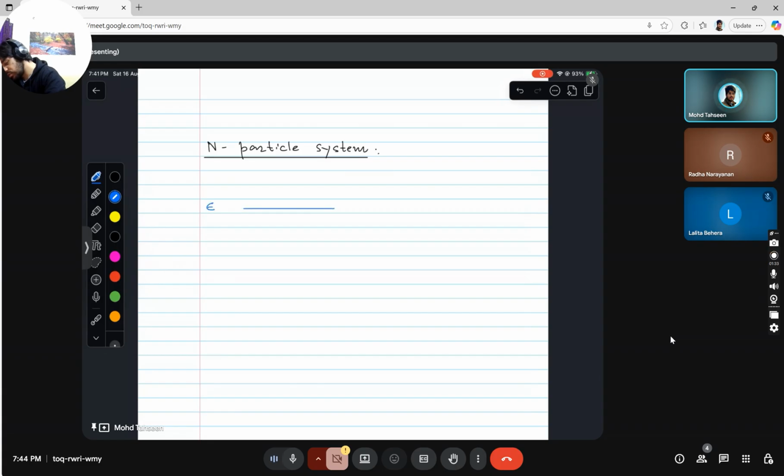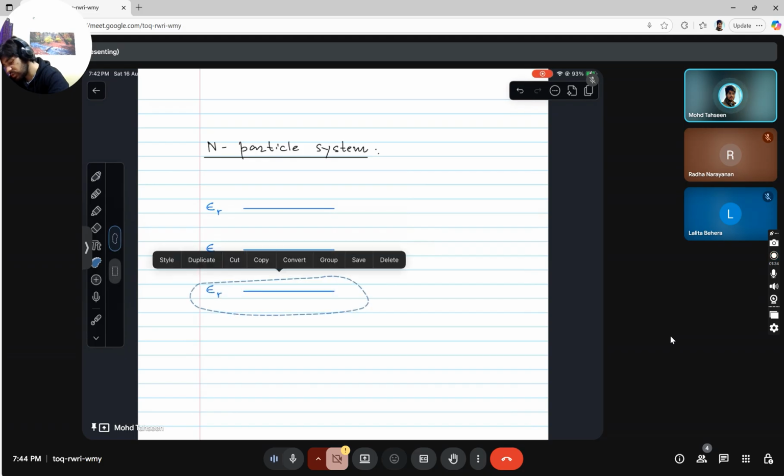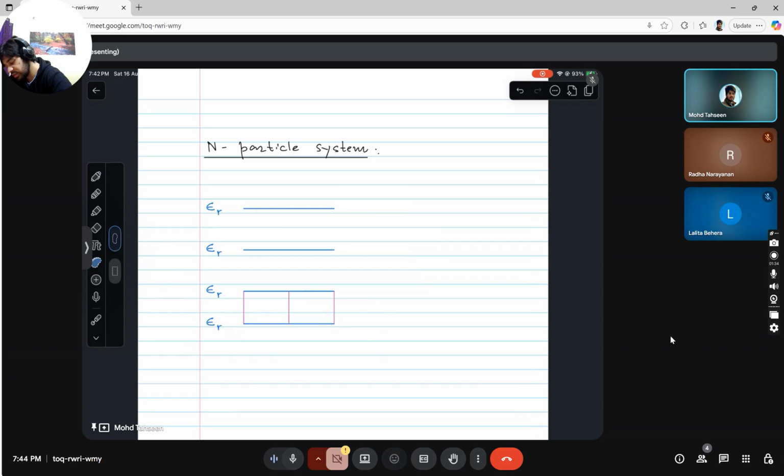So this is epsilon. Now we don't know how many energy levels there are, and this is a question in itself: how many energy levels should we have, and what should be the difference in each energy level. But for now, let's just say that there are some r number of energy levels. This question will be clear later in the course. What determines the number of available levels, right?